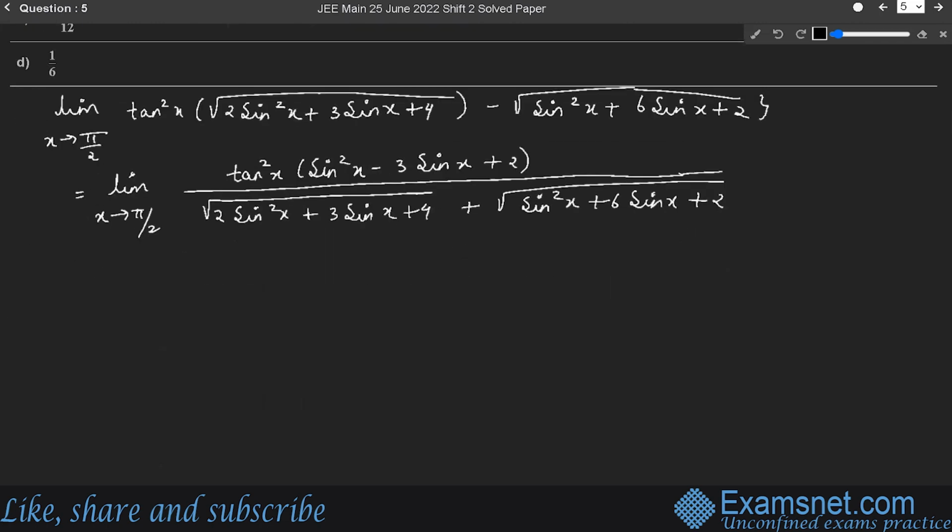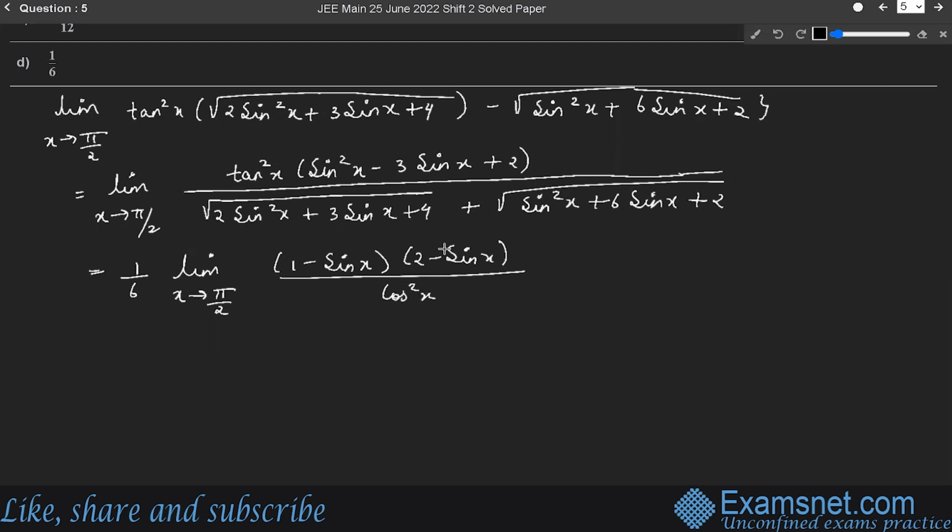So this will be equal to 1 by 6 into limit x tends to pi by 2 of (1 minus sin x) into (2 minus sin x) divided by cos square x into sin square x.